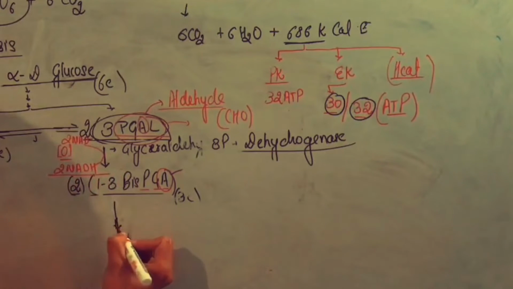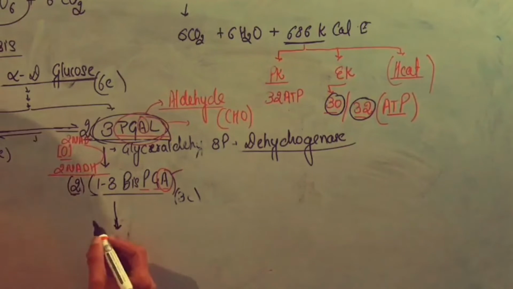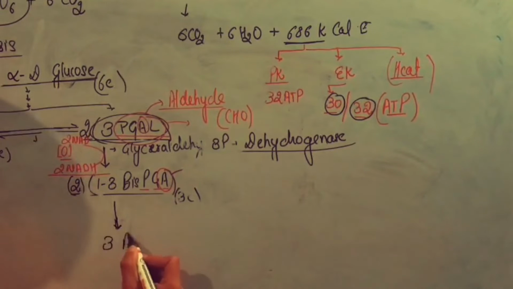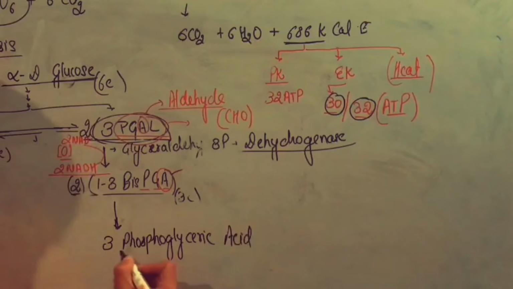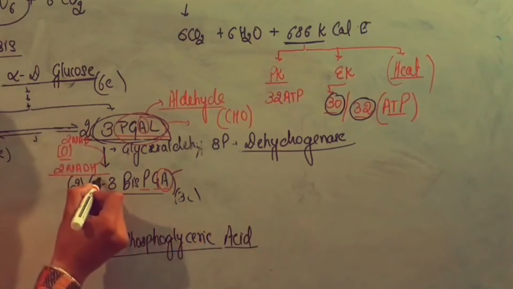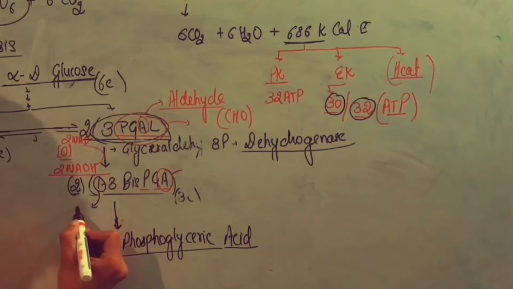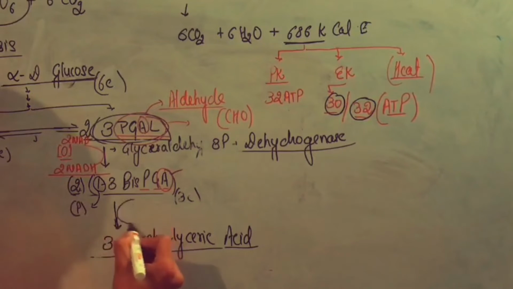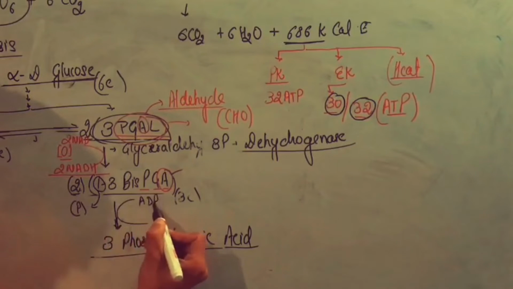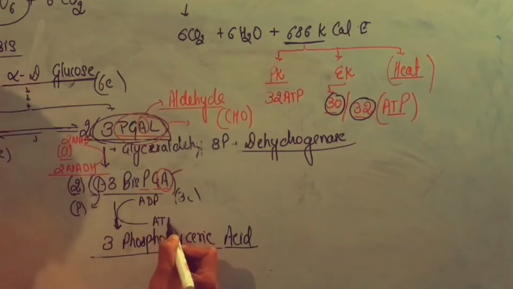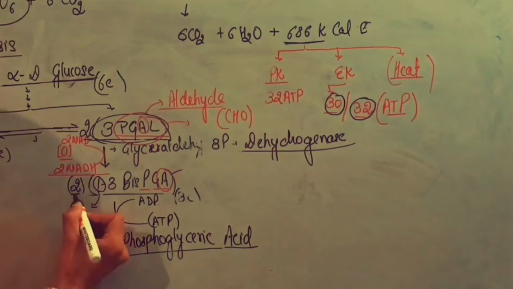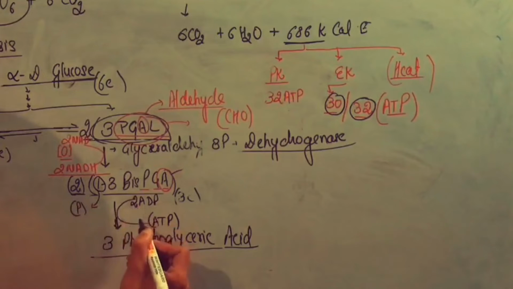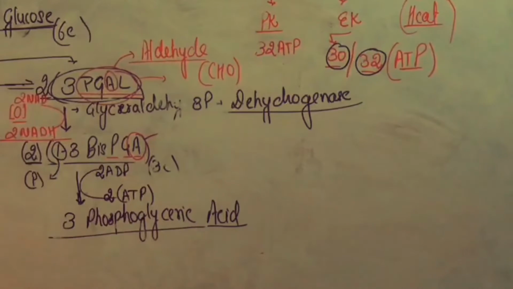This molecule of 1,3-bisphosphoglyceric acid is converted into 3-phosphoglyceric acid, and during this process, from the first position, inorganic phosphate is removed, and this inorganic phosphate is captured by a molecule of ADP and converted into a molecule of ATP. As two molecules of 1,3-bisphosphoglyceric acid are used, so two molecules of ATP are formed.